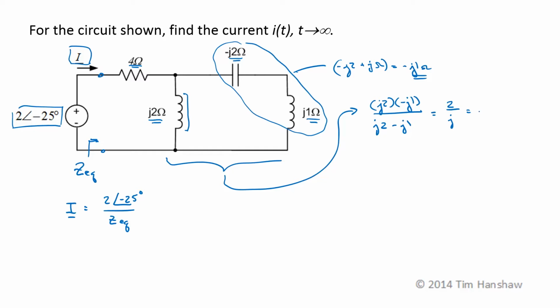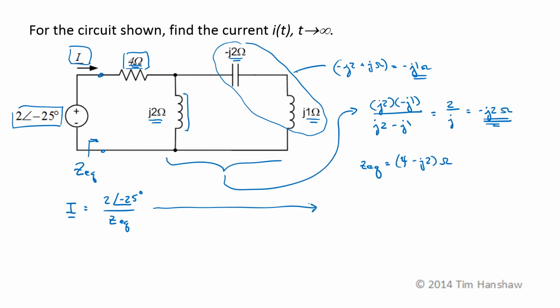Moving the j into the numerator becomes minus j2 ohms. Finally, ZEQ is just this impedance in series with the 4 ohm resistance, so it's 4 minus j2 ohms.